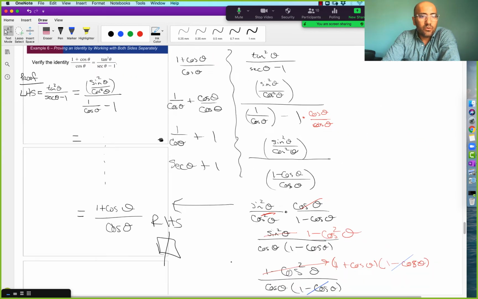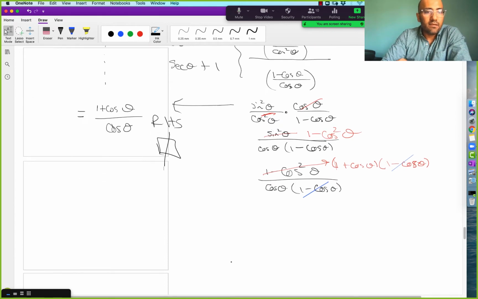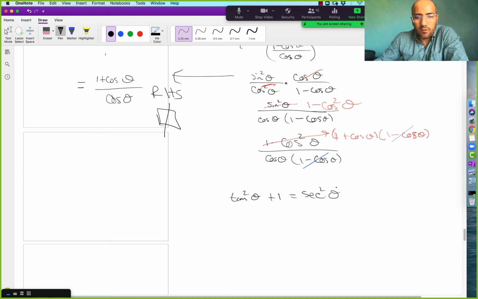So let's redo this one and implement that identity. Tangent squared theta plus 1 equals secant squared theta, right? Knowing that, that means that tangent squared theta equals secant squared theta minus 1.